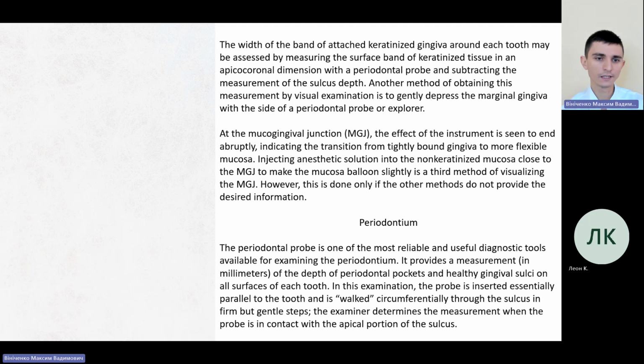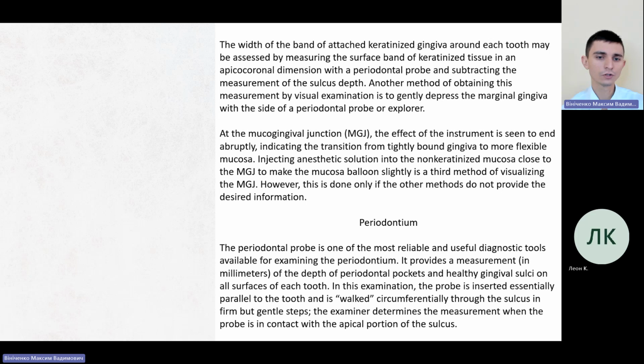Another method of obtaining this measurement by visual examination is to gently depress the marginal gingiva with the side of a periodontal probe or explorer. At the mucogingival junction (MGJ), the effect of the instrument is seen to end abruptly, indicating the transition from tightly bound gingiva to more flexible mucosa.